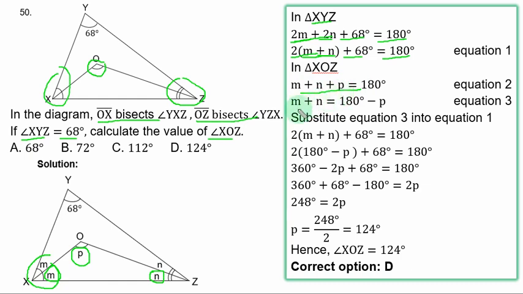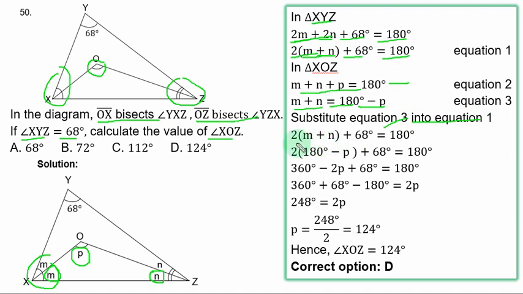So you have M plus N equal to 180 degrees minus P. Let's call that equation 3, while this is equation 2. Now equations 1 and 2 have M plus N in common. So you substitute equation 3 into equation 1.